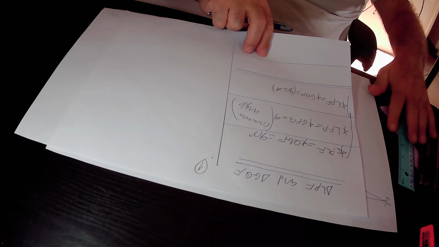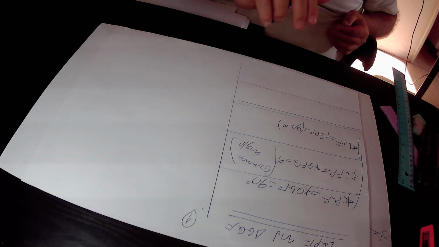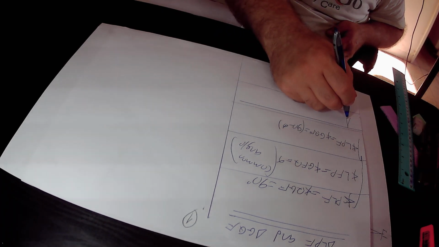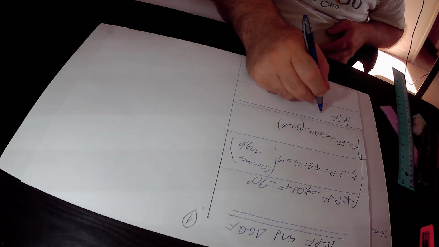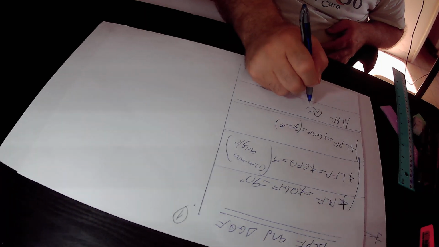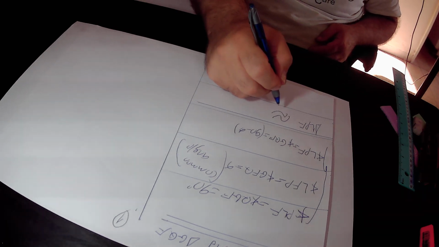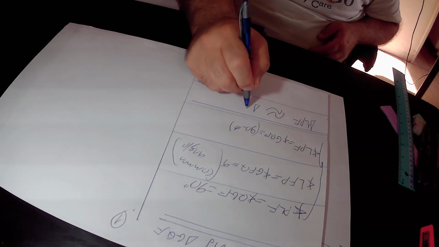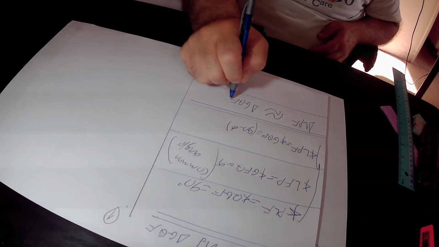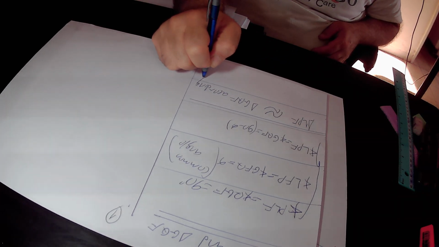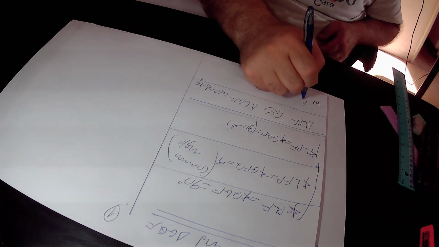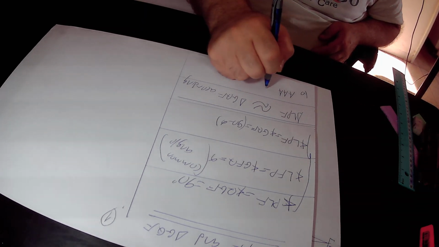We actually found out that the big right triangle LPF is similar, this is the sign of similar, to the small right triangle GQF according to the angle similarity rule.